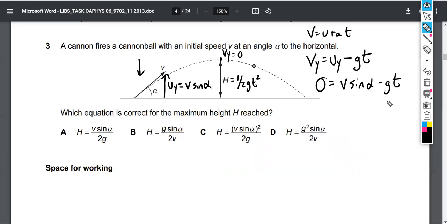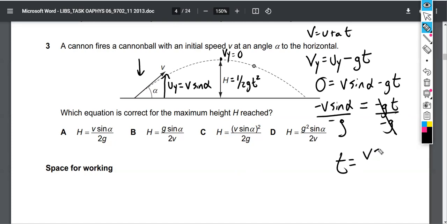We'll subtract, so negative v sine alpha equals negative g t, dividing both sides by negative g, and we have t equal to, I'm just going to make these positive, v sine alpha over g. That's what t is.